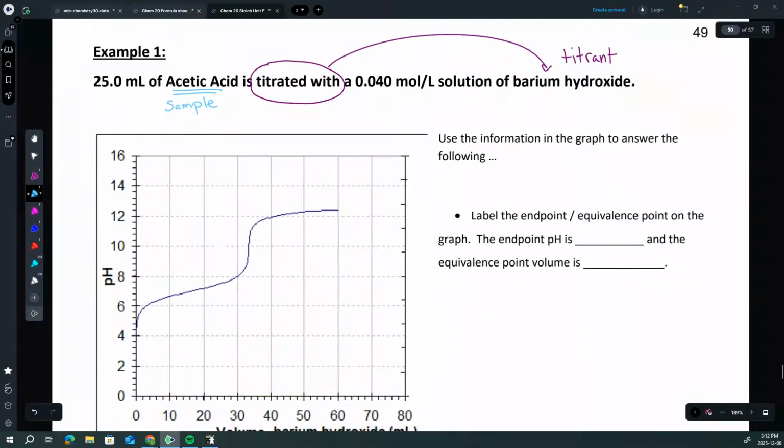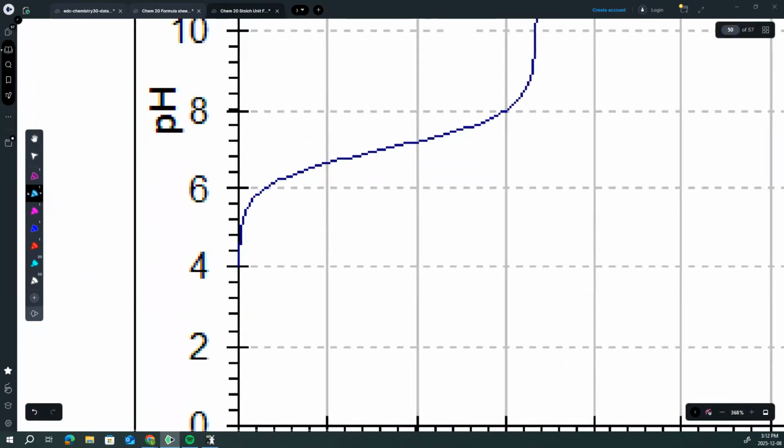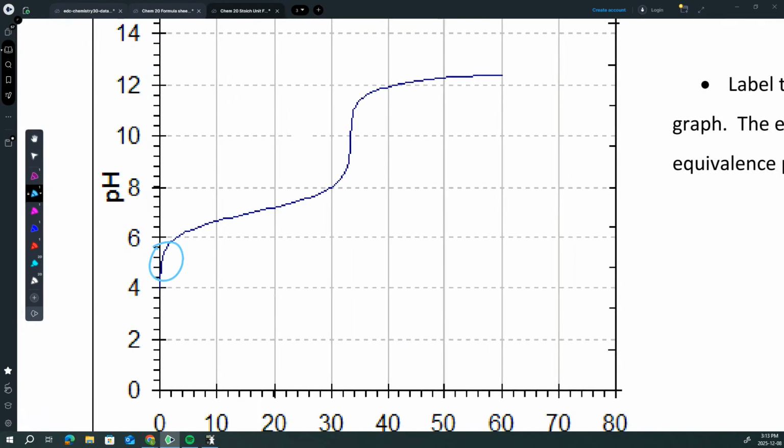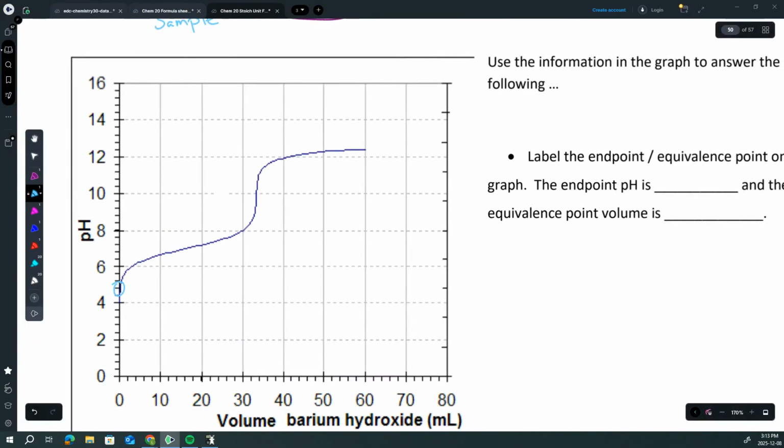So if we look at our titration curve here, what we're starting off with over here is going to be the pH of our sample. So let me just get a smaller circle here. So what we're starting off with, this is our pH of our sample, which is acetic acid.